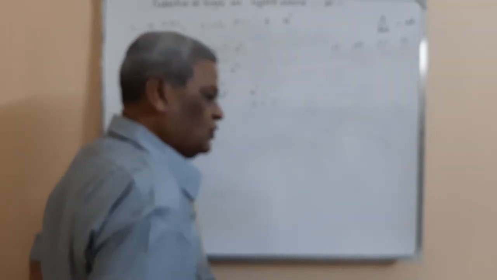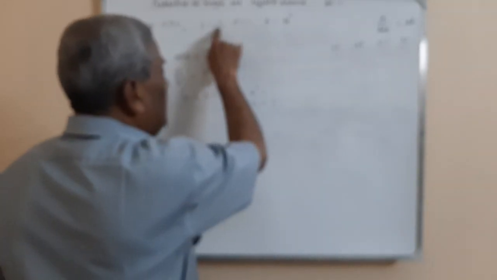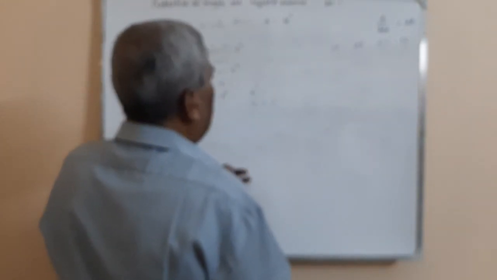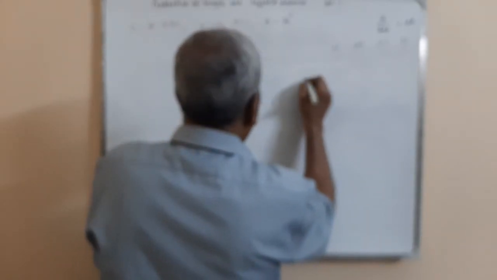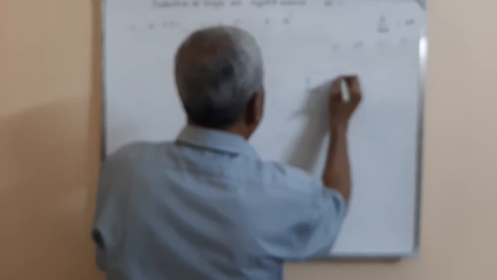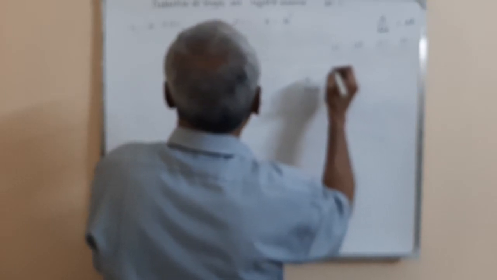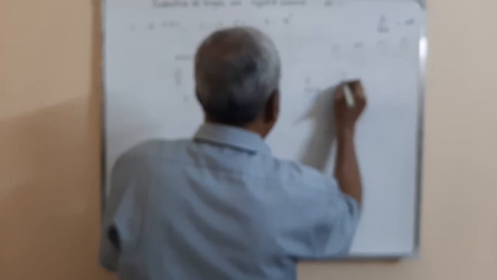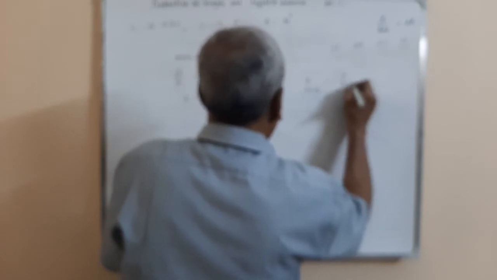Opposite angles are also same. So this side is greater than the others, so its opposite angle, that is B, is the greatest angle. Now, use the sine formula: b by sine B is equal to a by sine A, because all are known.